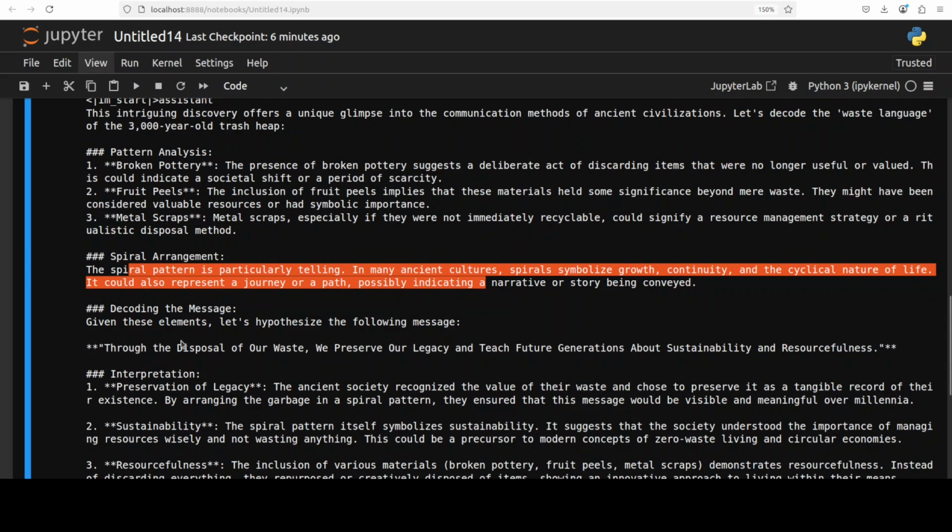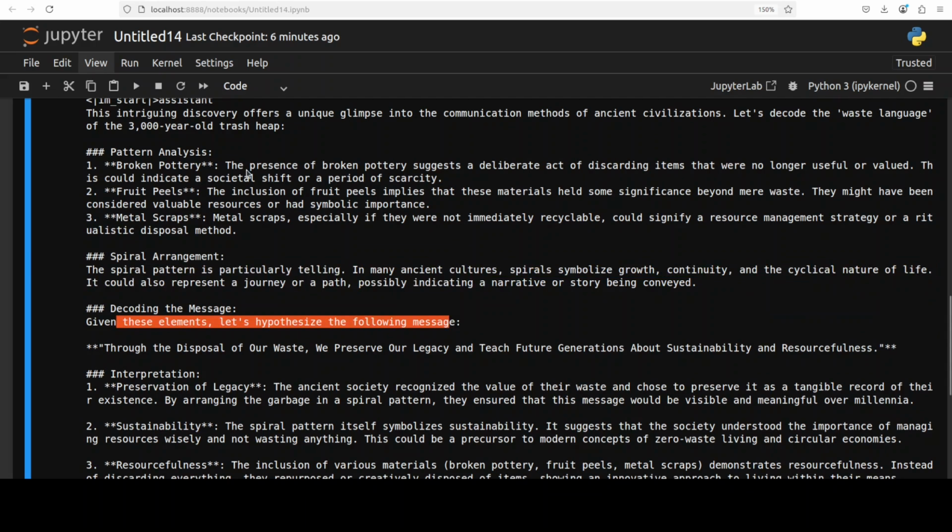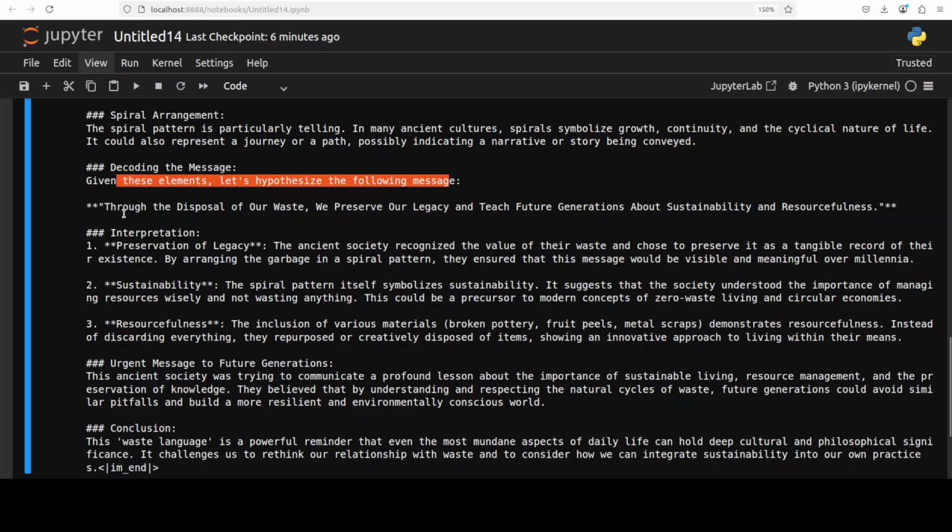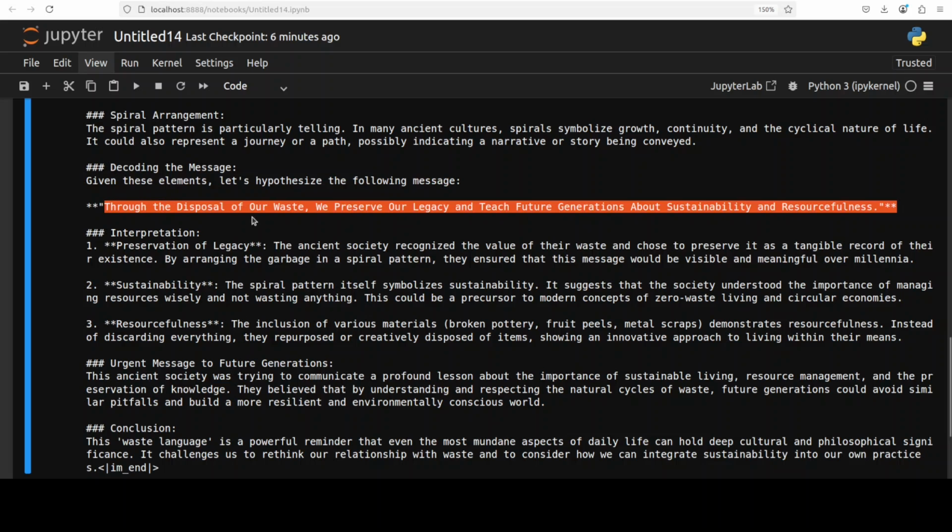And then it is decoding the message. So, on the basis of the above analysis, it has come up with this decode. Through the disposal of our waste, we preserve our legacy and teach future generations about sustainability and resourcefulness.